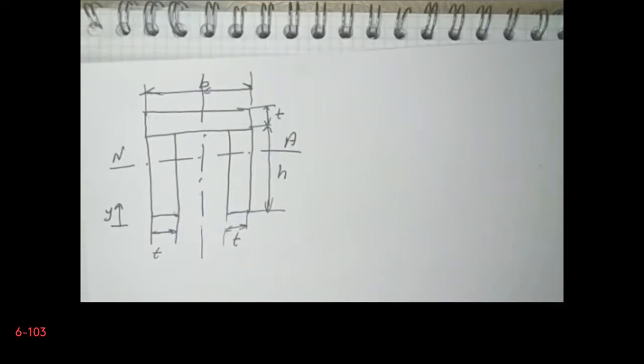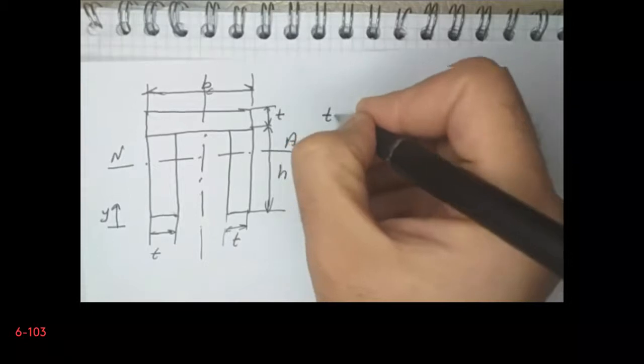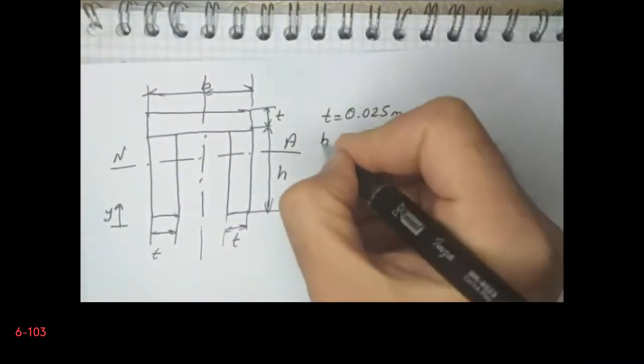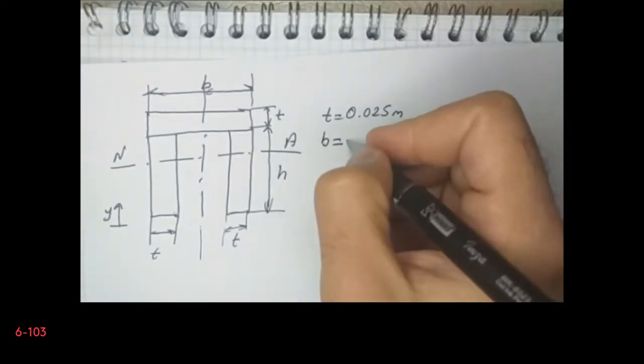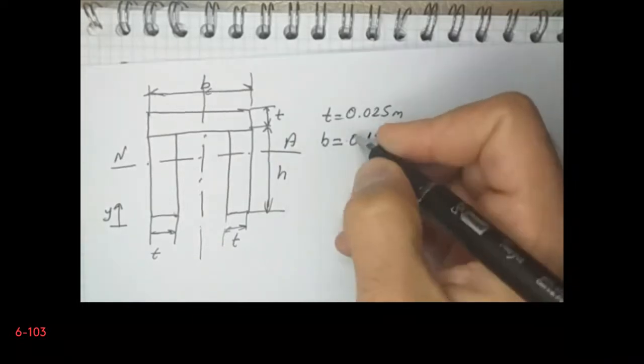So t is 0.025 meters. B is given as 0.15 and h is given as 0.2.